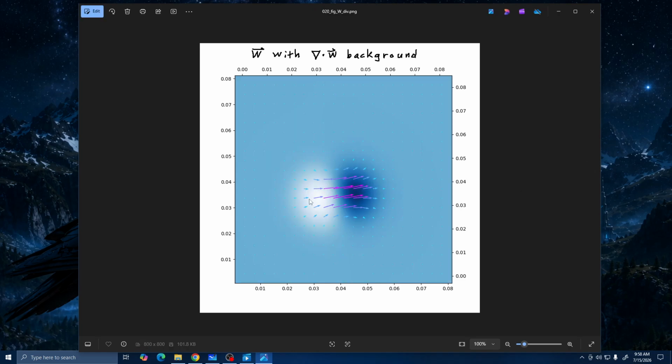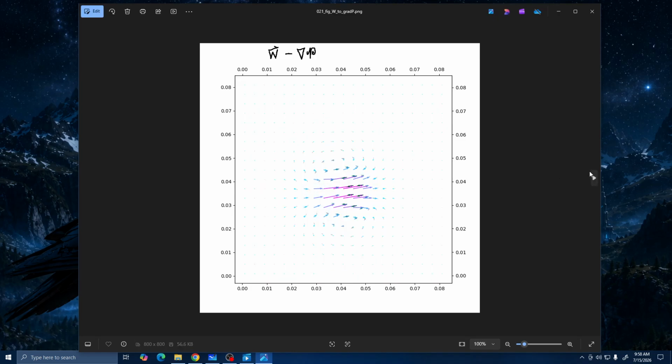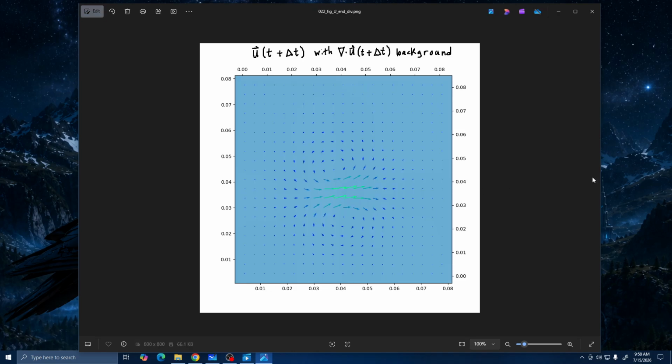And so this was W, which had the fluid spreading out. This is W plus the negative gradient of P, or W minus the gradient of P. So there are the W's with the gradient of P vectors going back. And that is the actual U at the next time step, with the divergence of U in the background, and there was no longer any divergence.